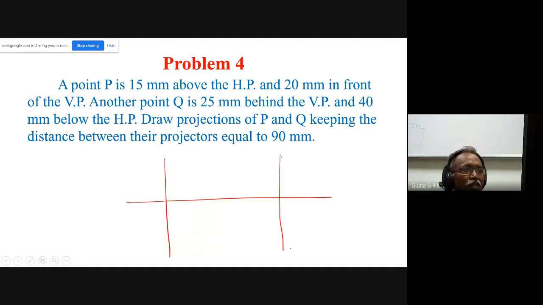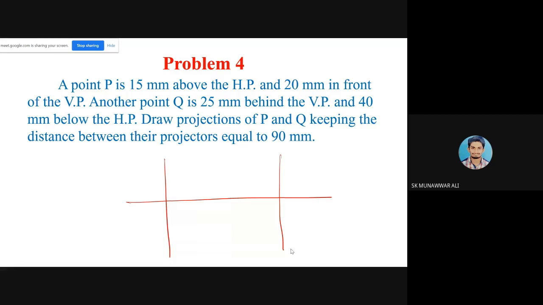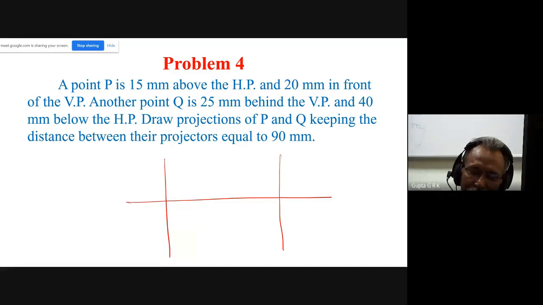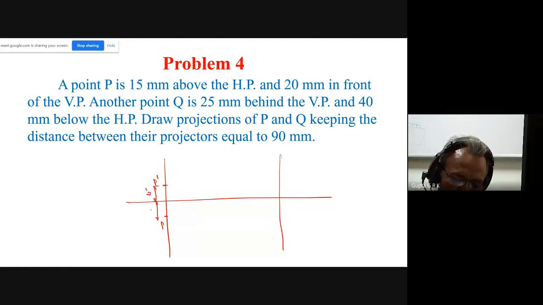And you tell me about P, 15 above HP. P dash is 15 above XY, right? This is P dash. And P is below XY, 20 mm, in front of, so 20 below XY. So this is P, and you have to show the distances. This is 15, and this is 20.